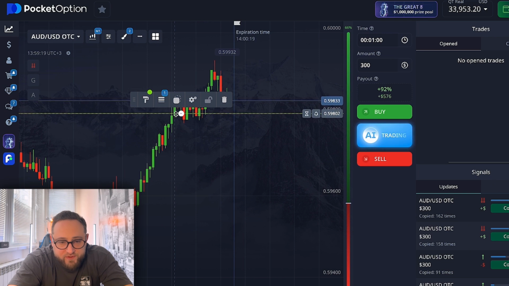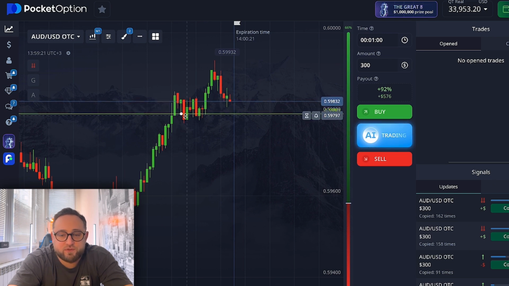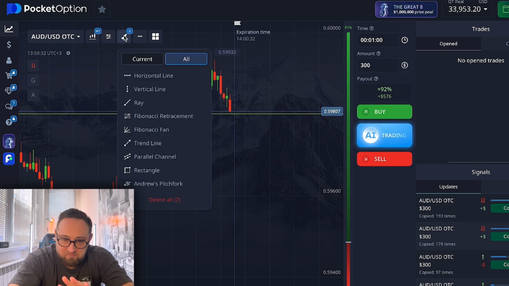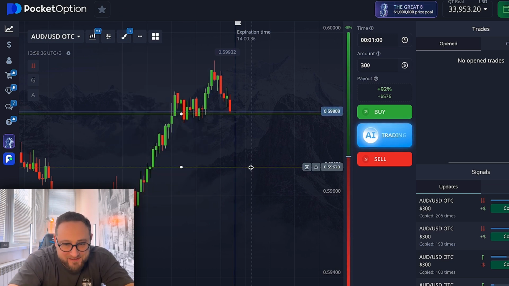So ChatGPT recommends placing a resistance line on this zone, right? Okay, let's do that. I'm not fighting with AI today. Just follow the recommendations.